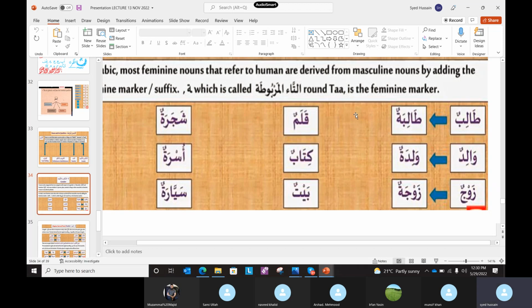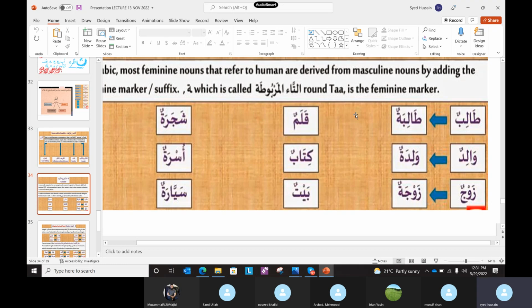So the Arabs, when they call their mother, they say walida, ya ummi, ya ammi. Ammi is for uncle, ummi. Walida is basically the feminine for walid. We make it walida. But actually in Arabic, the right word is walidatun. Ya walida.